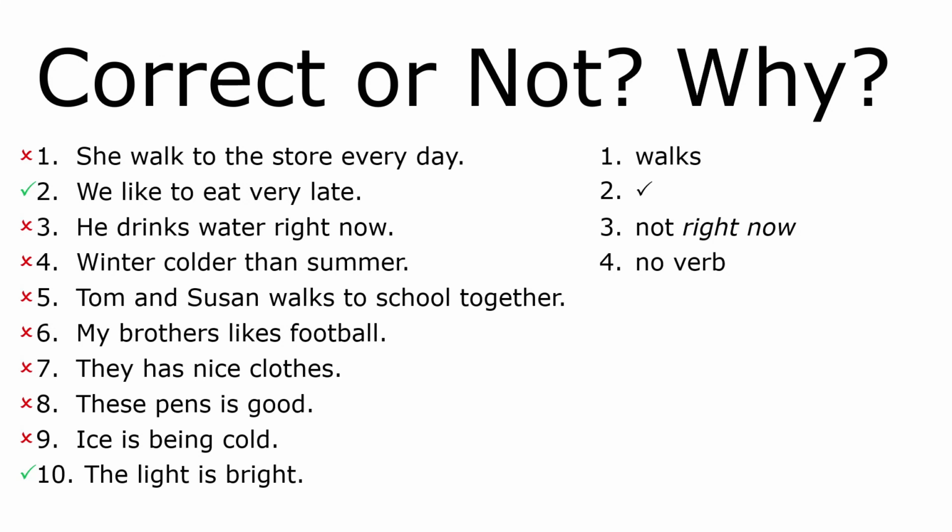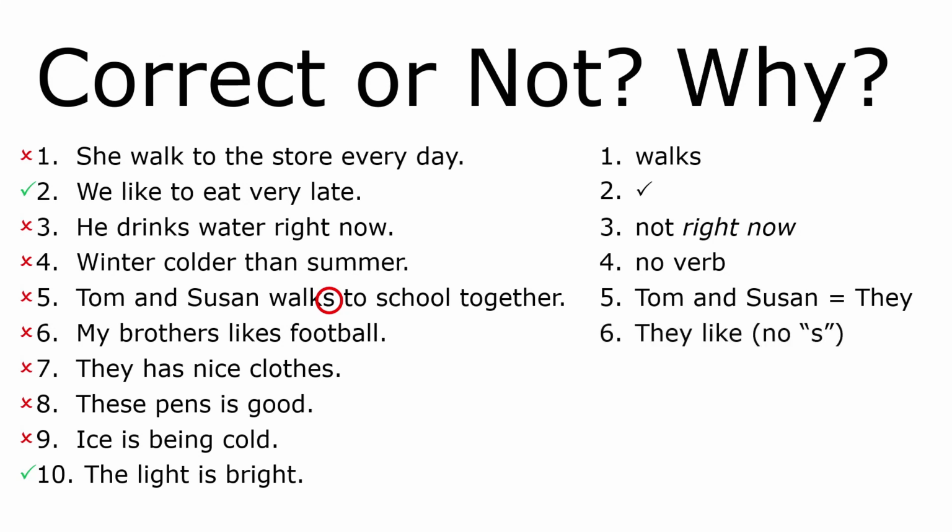And it's he, she, and it that gets the S, not they. So Tom and Susan is they. That S should not be there. Number 6, my brothers likes football. Well, this is very similar. They like, and so we do not put this S here.